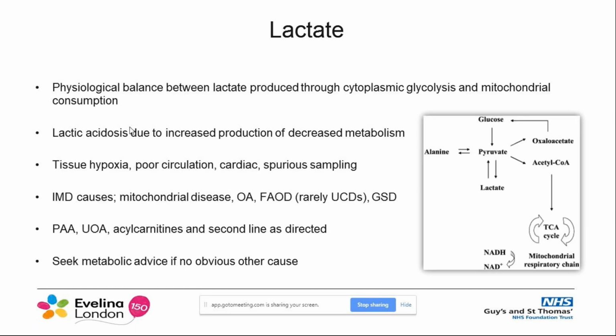A little bit about lactate. So essentially a balance between production and consumption, and this is the pathway. When we are asked for advice about lactic acidosis, we need to be sure that other causes have been excluded prior to considering a metabolic cause, and these tend to be mitochondrial diseases.